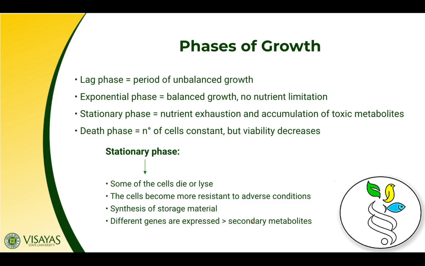So in this closed culture system, how do we express microbial growth mathematically? The exponential growth phase is expressed by this equation: the final number of cells is equal to the initial number times 2 to the power of n, because we know that it is exponential. It is doubling all the time, but how many doublings, we don't know. Say for example, if one cell yields 2 cells, this is the visual representation.